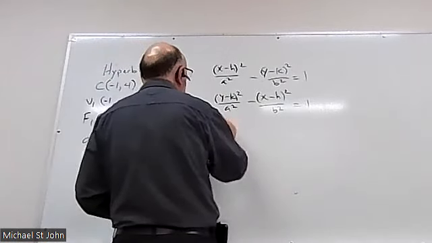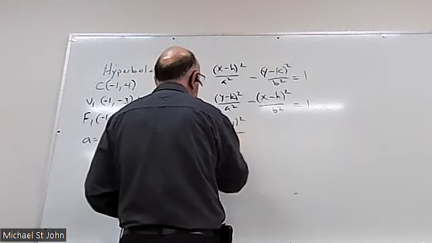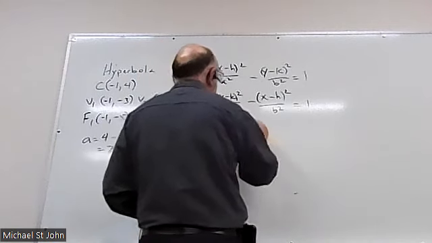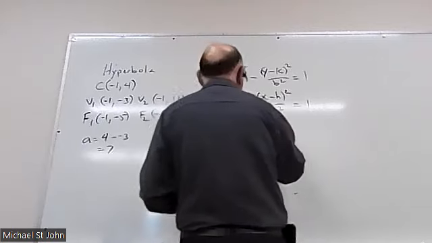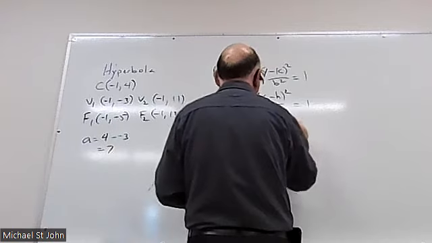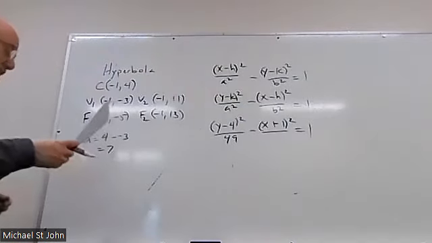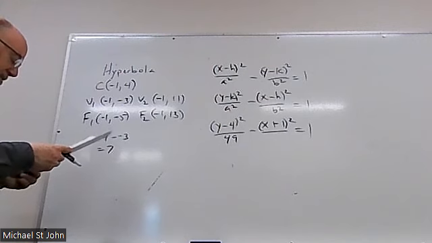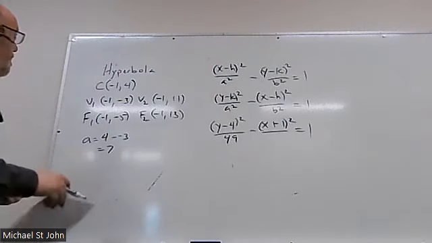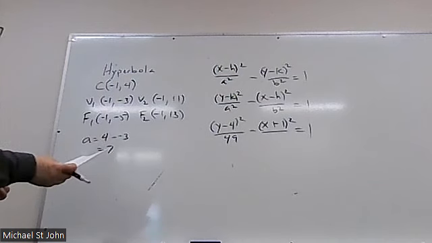So this is going to be y minus 4 squared over 49 minus x plus 1 squared. Right? So we got that part so far. So that means we still need to find the value of B.